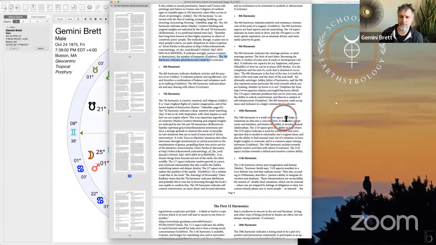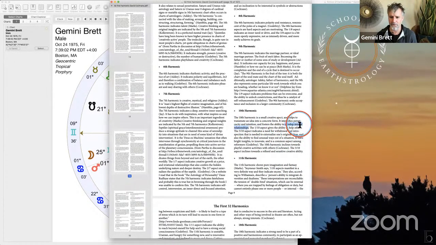The 10th harmonic is a small creative act and helps to transmute an idea into a concrete form. That's interesting because I feel fourness in there. But it intensifies, what the heck is that word? Perspicacy, I don't know that word, and intuition, and fosters the ability to develop mutual relationships.